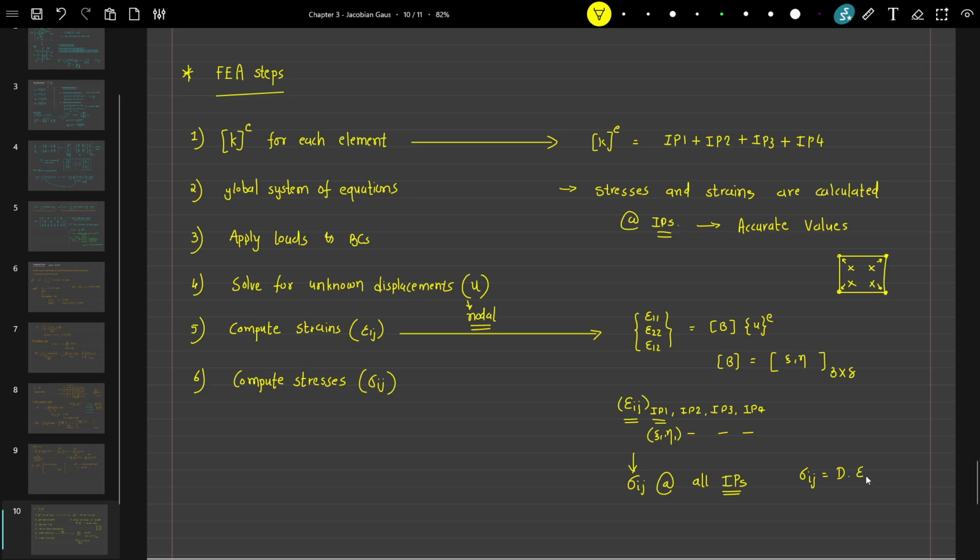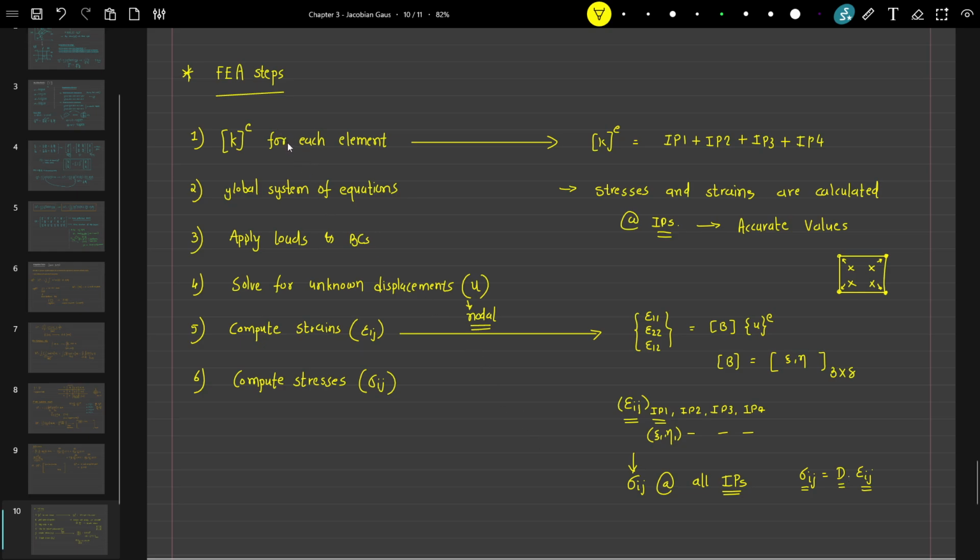So D is just simply the constitutive matrix for the 2D case. It has nothing to do with x, y, or zeta, eta coordinates. So once we have epsilon ij from all the integration points, we can simply calculate sigma ij for all those integration points. So I hope this workflow is clear.